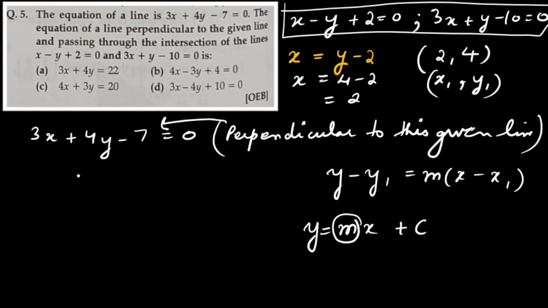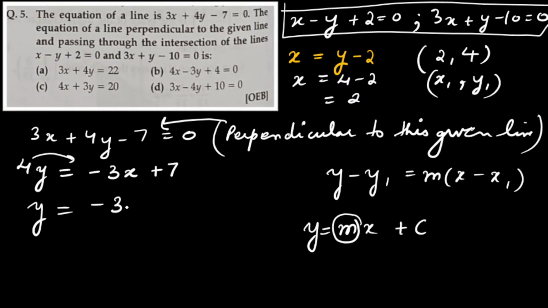So first of all, let's convert. 4y is equals to minus 3x, when I shift to the other side, minus 7 becomes plus 7. Now let me shift 4 to the other side. So y is equals to (minus 3x plus 7) divided by 4. As 4 is getting multiplied, when we shift to the other side it will get divided. So I'll get y is equals to minus 3 by 4 x plus 7 by 4.